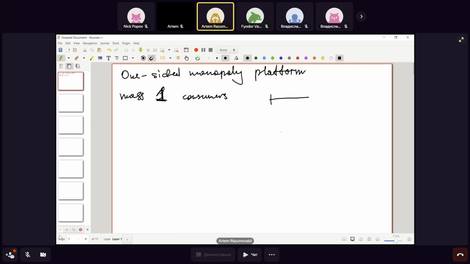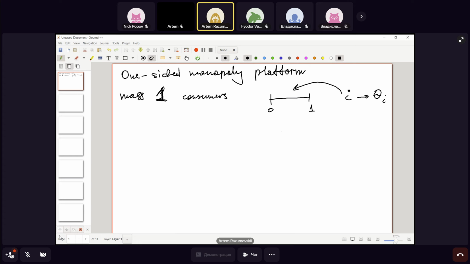In other words, we have the interval of consumers from 0 to 1, and we can think about some consumer i who is living on this interval, and this consumer has his own type, theta i. So this theta i will describe his preferences about the platform and joining the platform. That's the type of the agent.